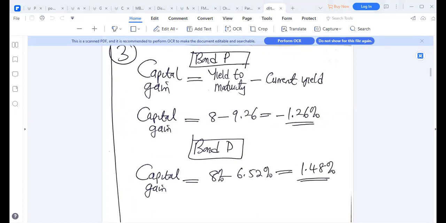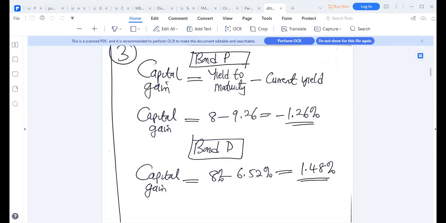So when the yield to maturity is equal to the coupon rate, we don't expect any capital gains. If the yield to maturity, on the other hand, is more than the current yield, we have a decline. In these two instances, what do you think could be a comment based on the calculations here?